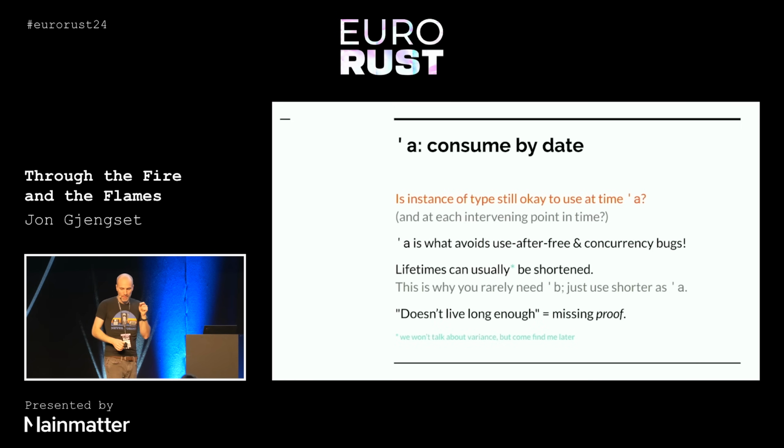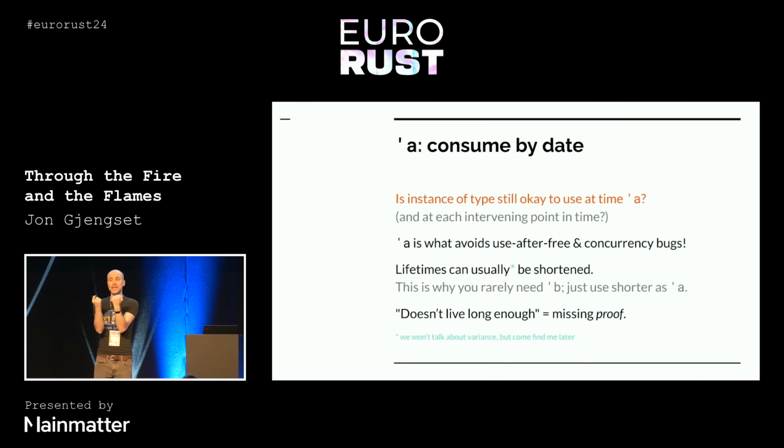But you might wonder, when do I need tick B? When do I need multiple lifetimes? The answer is, if you ever need to return something from such a function or from such a type that holds lifetimes, and the thing you return should have a longer consume by date than the shortest consume by date that was passed in. So imagine you take two string references in, and one has a short lifetime and one has a long lifetime.